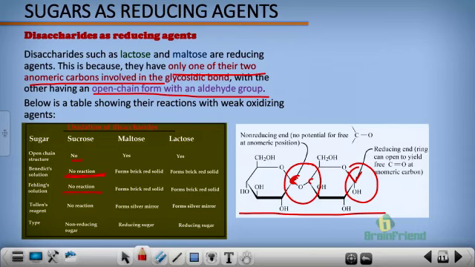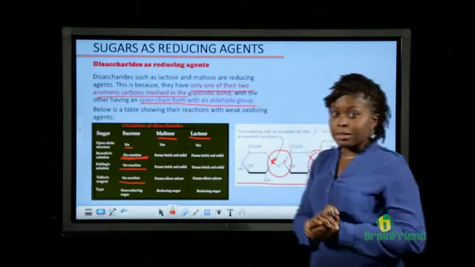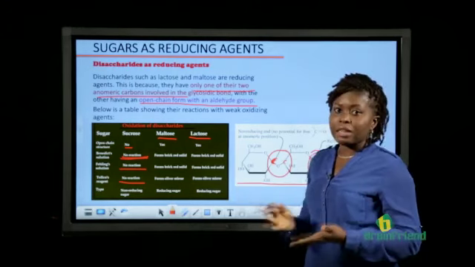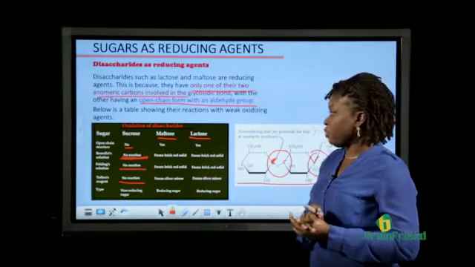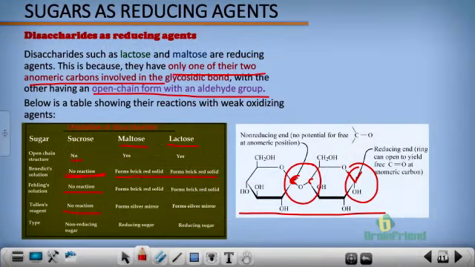With Fehling's solution, no reaction. Tollens' reagent, no reaction. But maltose and lactose are disaccharides that are reducing sugars because they can convert to an open chain form. So they can act as reducing sugars as well. So when they react with Benedict's solution, they form a brick red solid. With Fehling's solution, they also form a brick red solid.